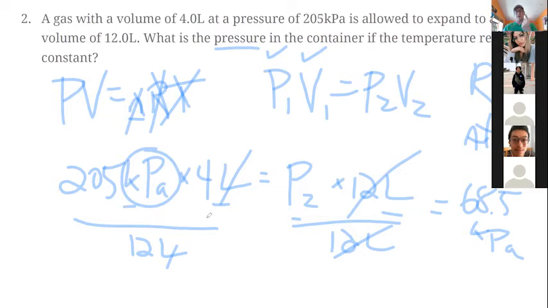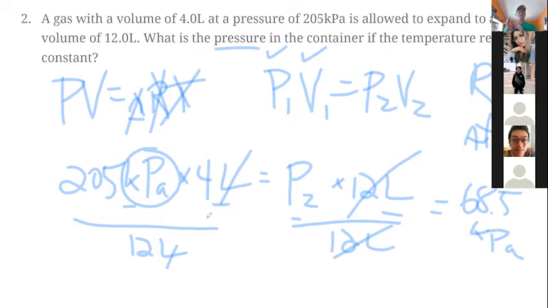And that makes sense because remember, P and V are related to each other. So if the volume goes up by a factor of 3, what's the factor that the pressure must go down by? If my volume goes up by a factor of 3, that means my pressure has to go down by a factor of 3.